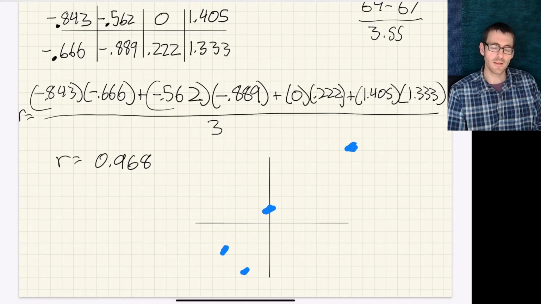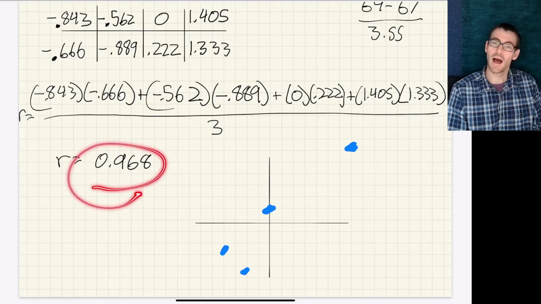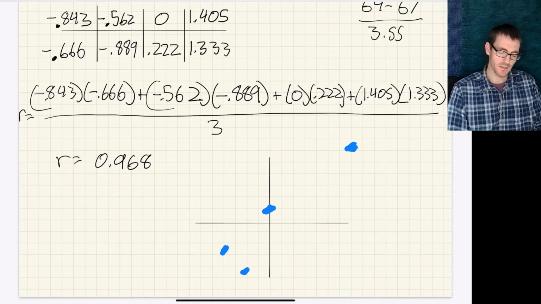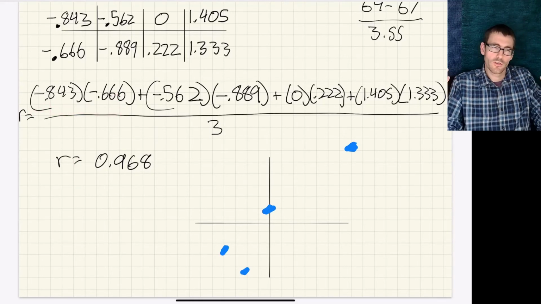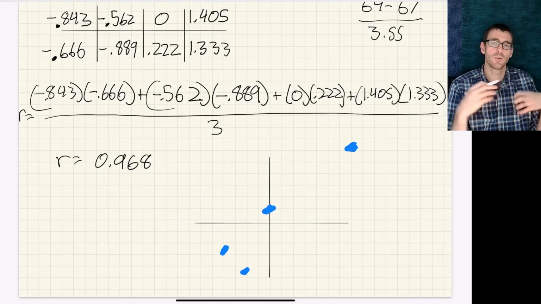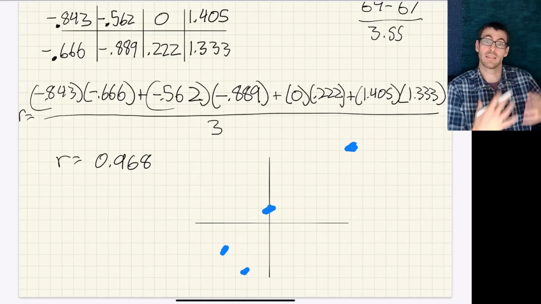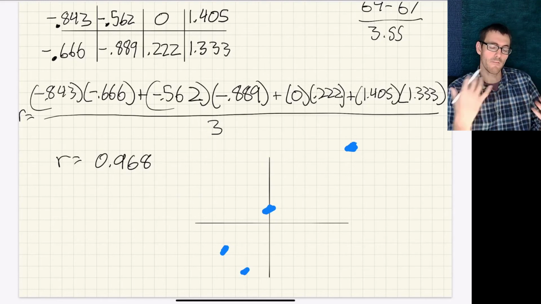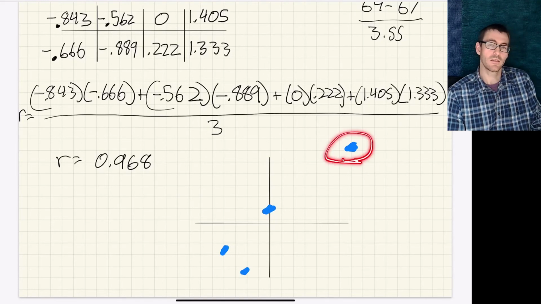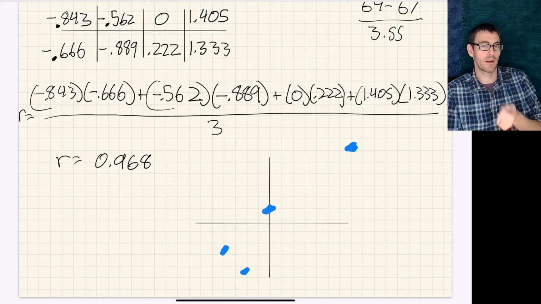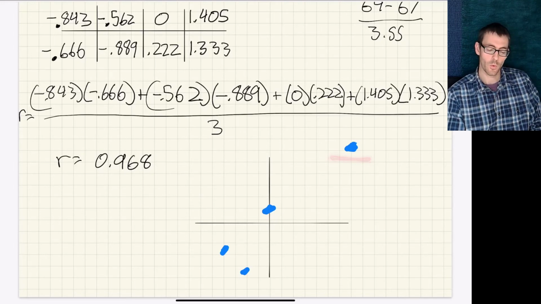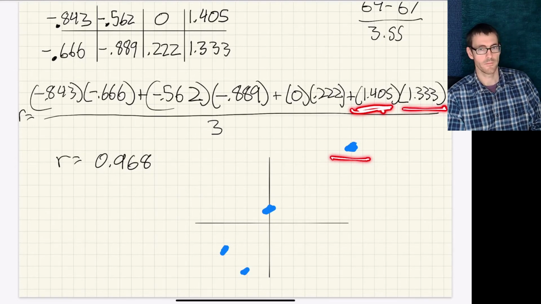And the reason that we have a high value here is because the numbers that we get when we're multiplying are doing as good of a job as possible of staying big and staying positive. If a particular point is above the mean in the x sense and above the mean in the y sense, so above the mean for the explanatory variable and for the response variable, we're going to get a big positive number times a big positive number.